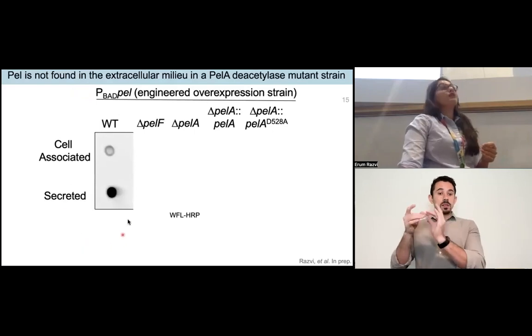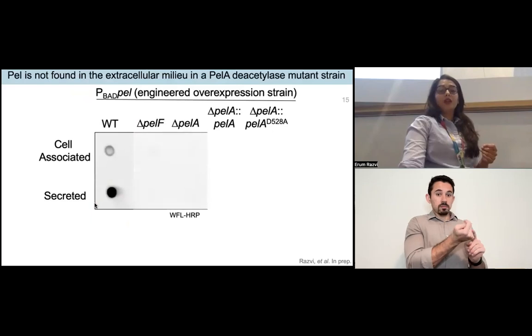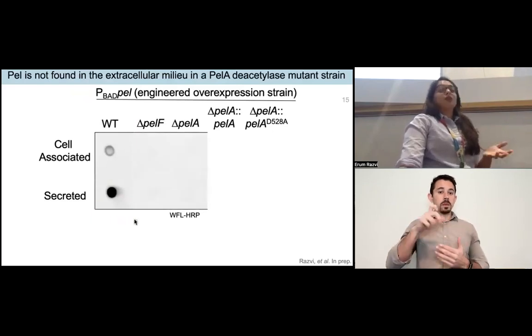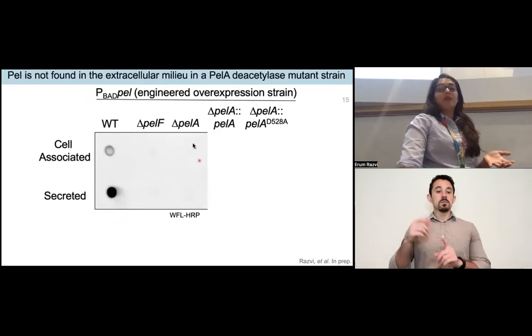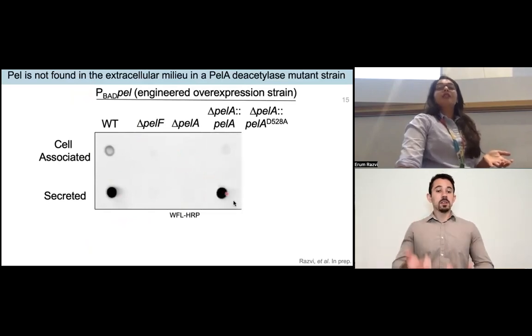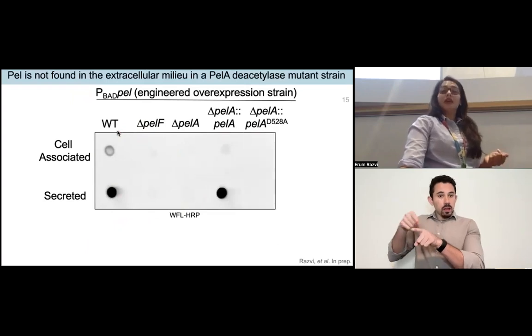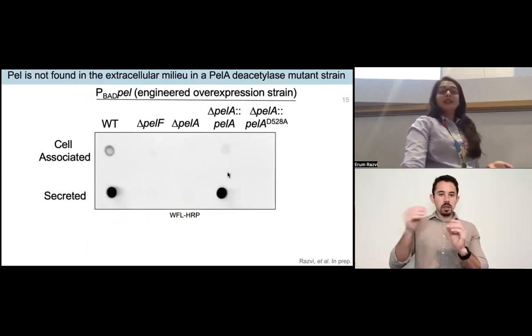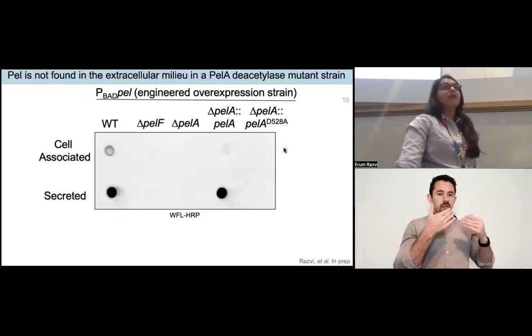The wild type formed cell-associated and secreted Pel. The negative control strain, so deletion of the glycosyltransferase PelF and the entire PelA protein, did not, as expected. The complementation strain looked comparable to wild type. And interestingly, the deacetylase mutant strain formed no cell-associated and secreted Pel.